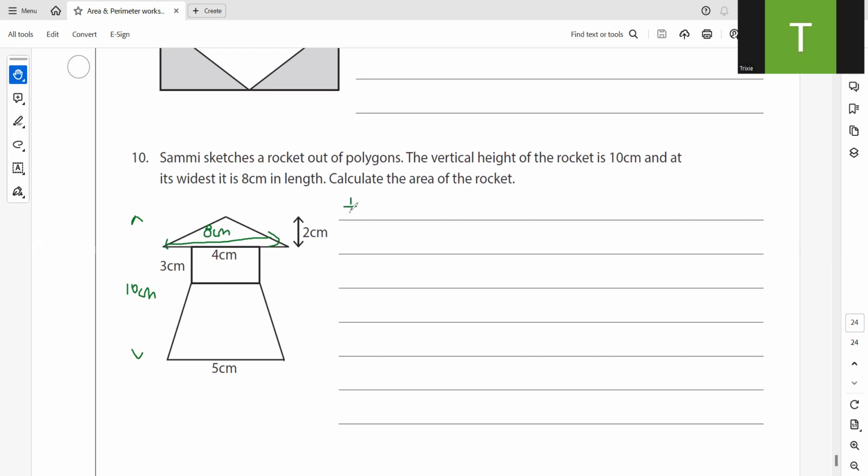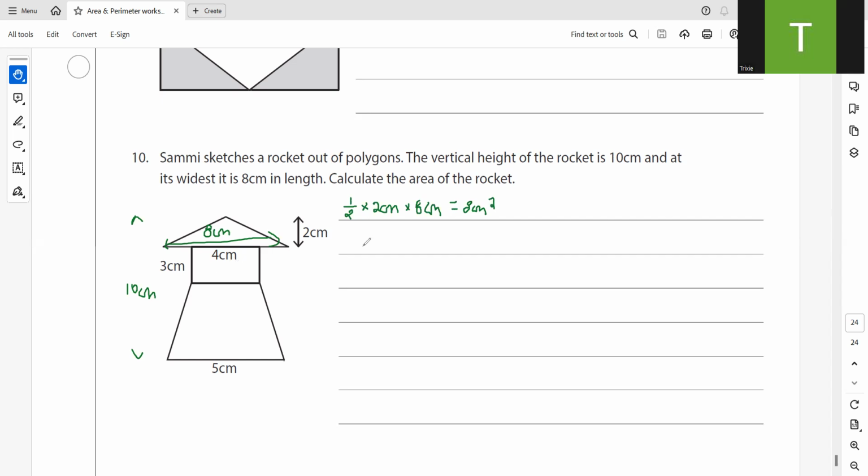Using the formula, first we write 1/2, and then the vertical height is given, which is 2 cm. And by the question, you also know that the base is 8 cm. So 1/2 times 2 cm times 8 cm, you'll get 8 cm squared. So 8 cm squared is the area of the triangle.